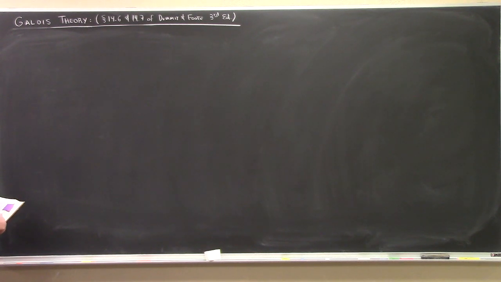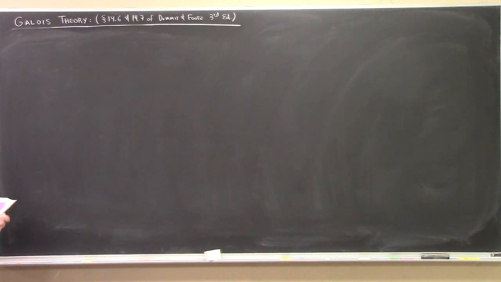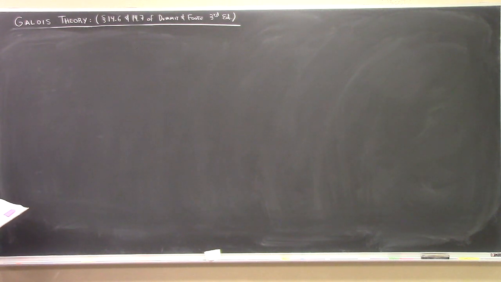So first we have to discuss simple radical extensions, namely extensions obtained by adjoining to a field the nth root of an element of F. He says, since all the roots of the polynomial x to the n minus a for a in F differ by factors of the nth roots of unity, adjoining one such root will give a Galois extension if and only if its field contains the nth roots of unity.